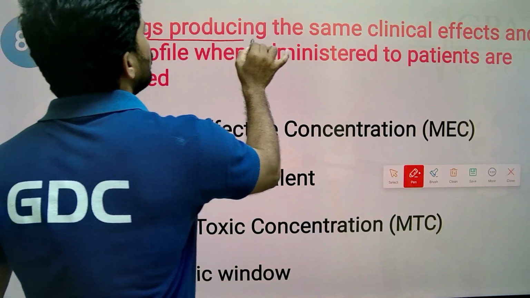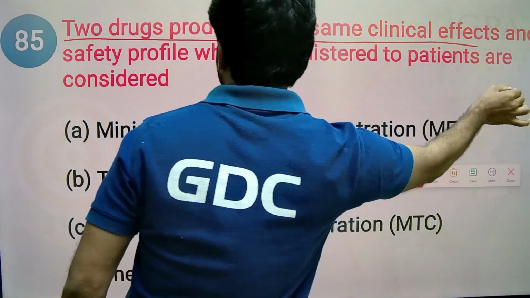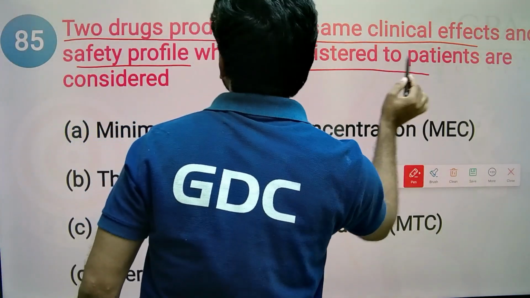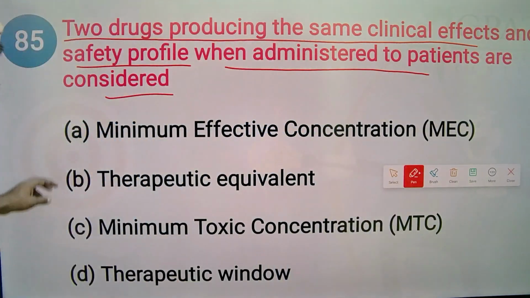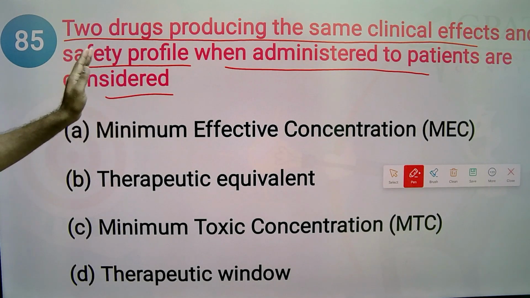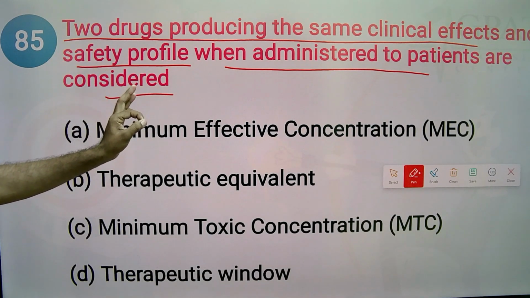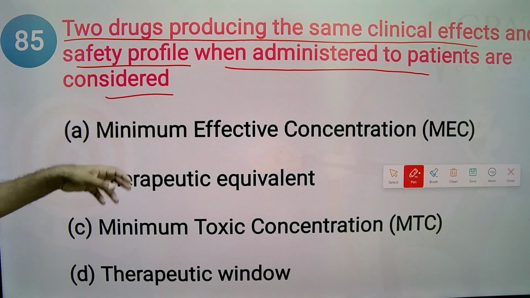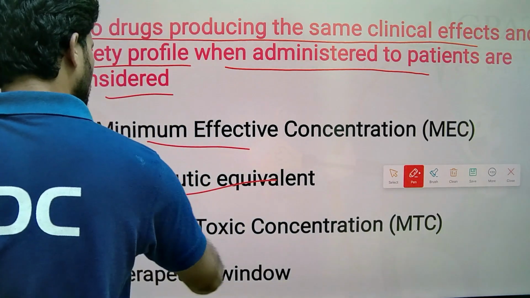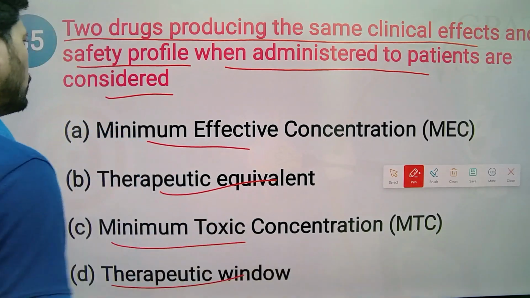Next. Two drugs producing the same clinical effects and safety profile when administered to patients are considered: minimum effective concentration, therapeutic equivalent, minimum toxic concentration, or therapeutic window.